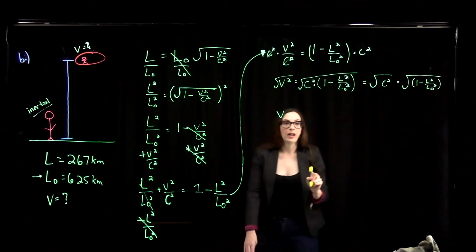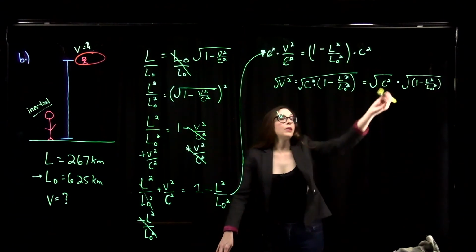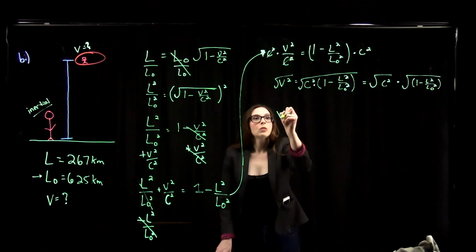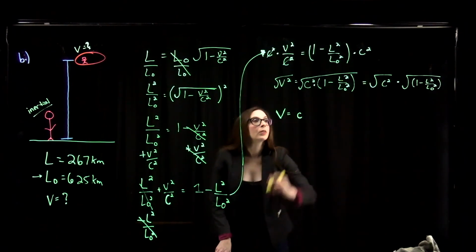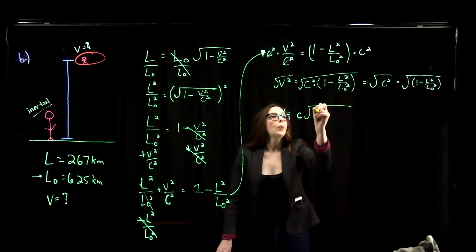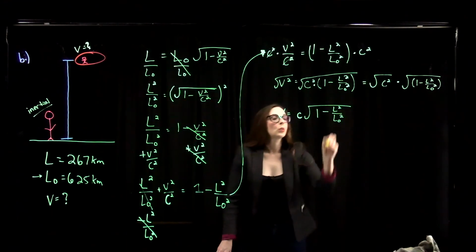Those are the same thing. Now, the square root of c squared is just c. So v here is equal to c times the square root of 1 minus L squared over L naught squared.